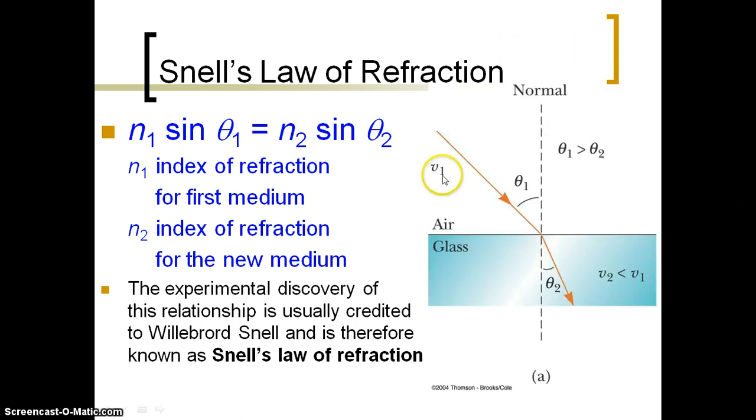So N1 represents the index of refraction of where the beam is coming from. Theta 1 is that incident angle. N2 represents the material that it's going into. So for instance, glass. So this N2 would represent the glass. Theta 2 would represent the angle of the refracted beam relative to the normal.